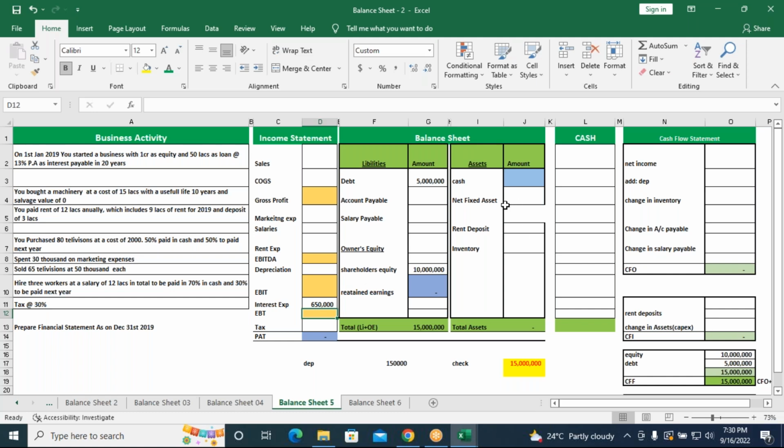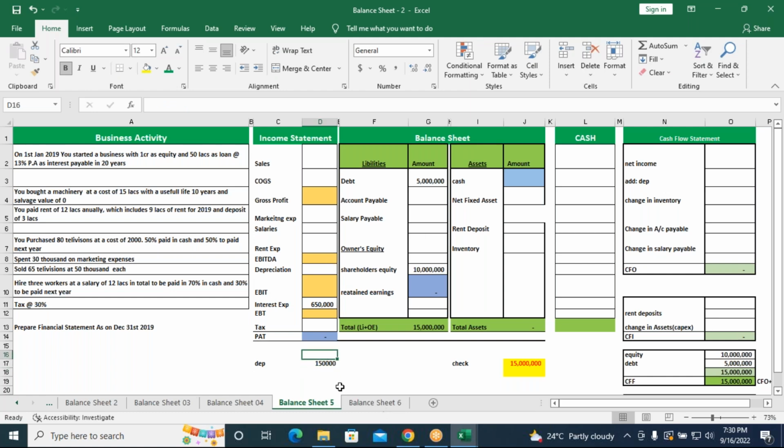Okay. So next I am buying machinery worth rupees 15 lakh. So here I will show it as depreciation. To calculate depreciation, the actual cost of the machinery is 15 lakh rupees. Then it was useful for 10 years. So 10 years means I have to divide by 10.